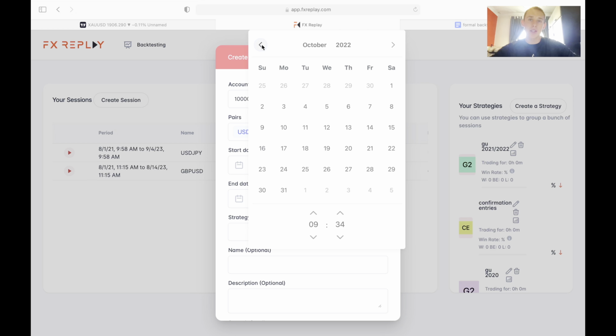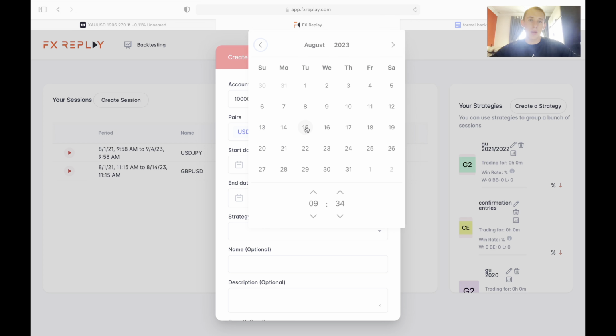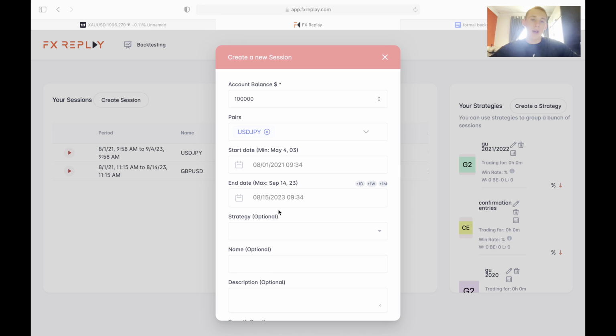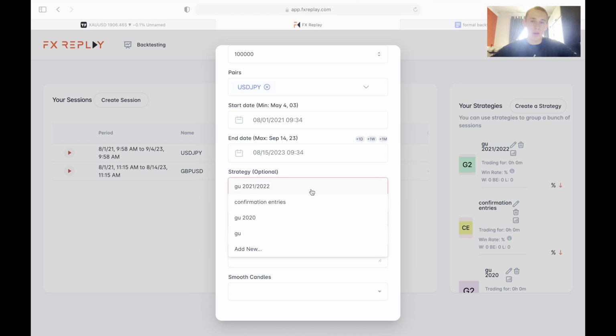So if we go ahead and start at around August 2021, obviously we're not going to be able to backtest all of this data during this short video. However, I would recommend at least backtesting 2 years at a minimum, probably even more if you want to be a little bit more diligent with the backtesting.